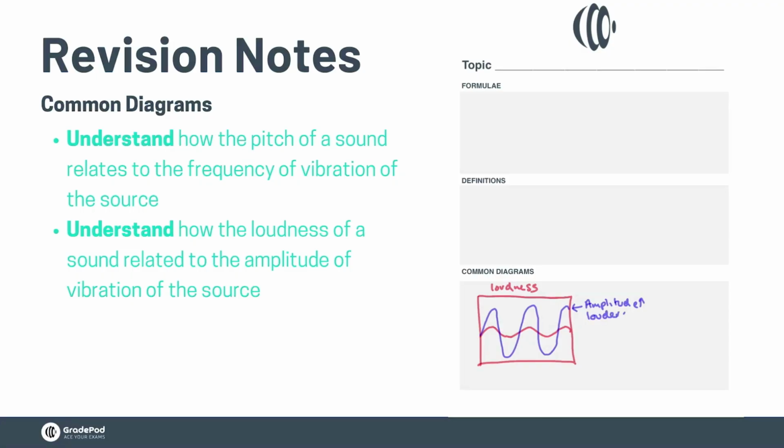And let's do something similar for pitch. So we can see that the blue wave has a higher pitch, which means the frequency is greater, but it's got the same volume because it's got the same amplitude.